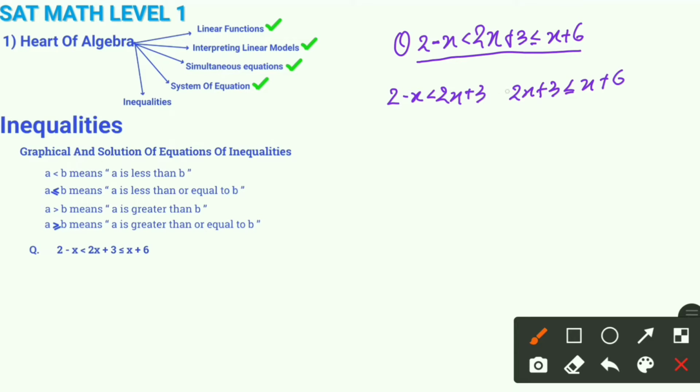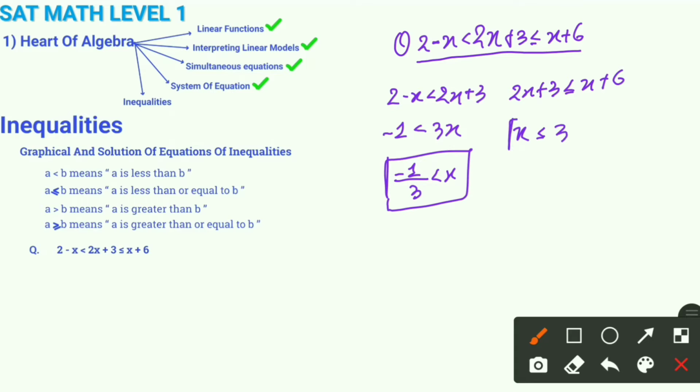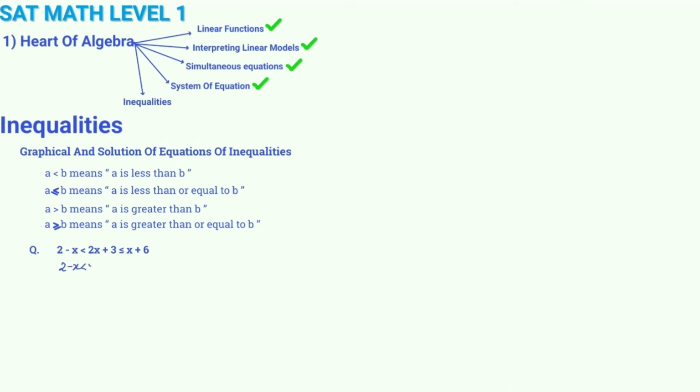The x will come to the right side and 3 will come to the left side, so it's going to be minus 1 and 3x, minus 1 upon 3x. So this is the answer. As for this one, 3 will come to the right side, x will come to the left side, so x is 3. This is the answer. This is the inequality that we need to find.